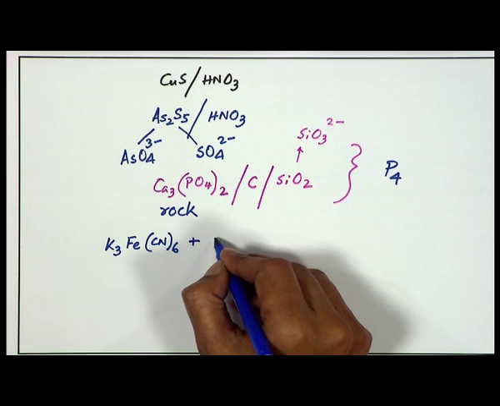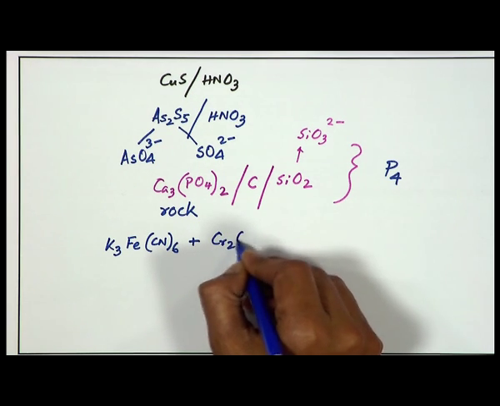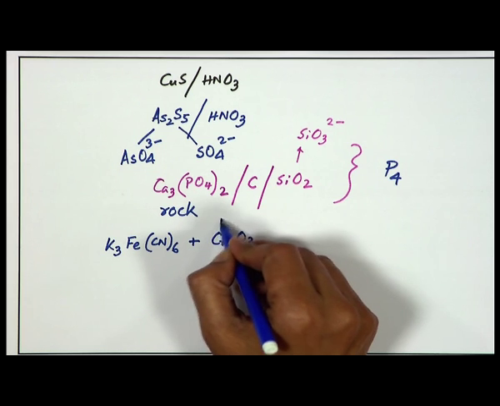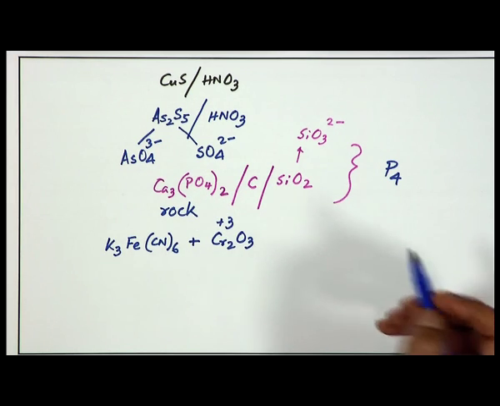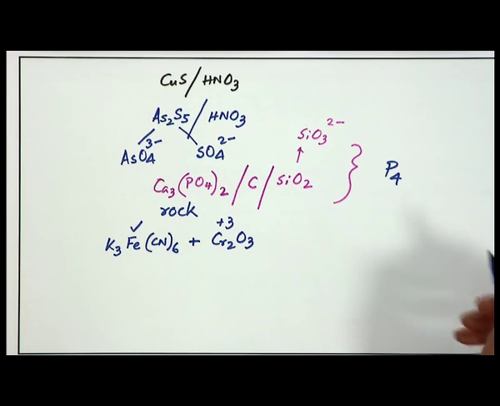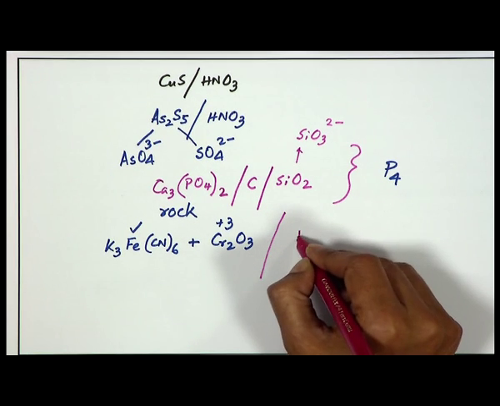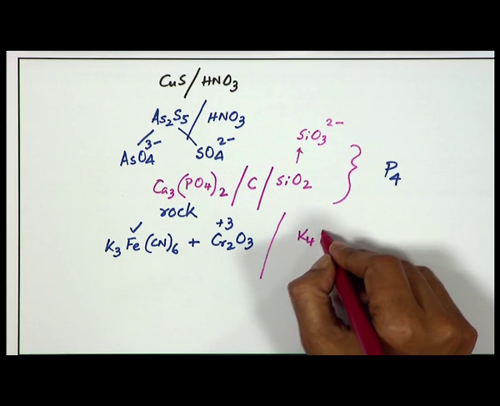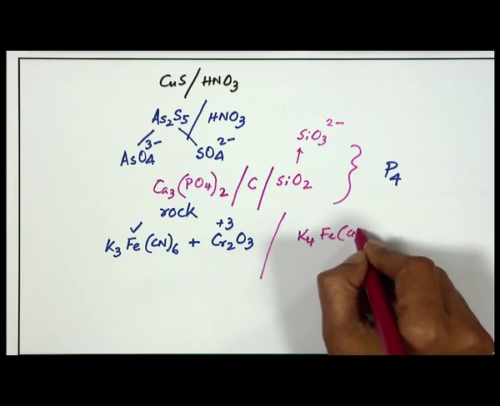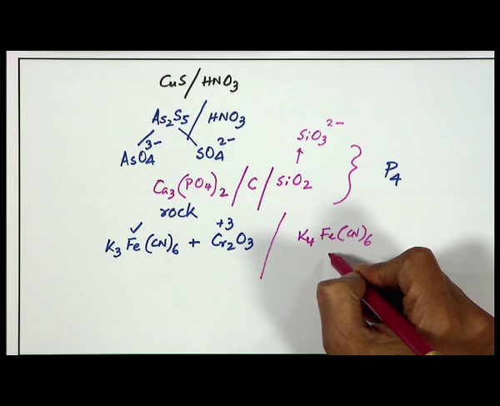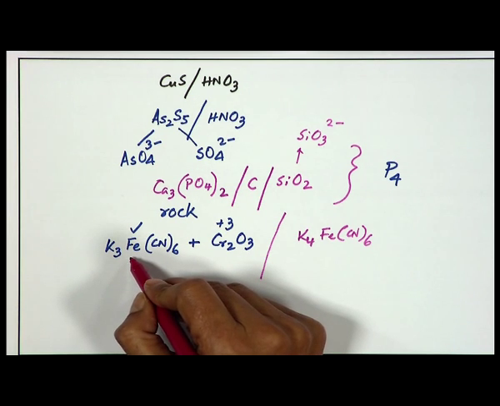When this reacts with Cr2O3, chromium oxide in +3 oxidation state, we should assign the corresponding oxidation state of this iron center, and we should know the corresponding products, which will be K4[Fe(CN)6]. This is ferrocyanide, and K3[Fe(CN)6] is ferricyanide, which is iron in the +3 oxidation state.